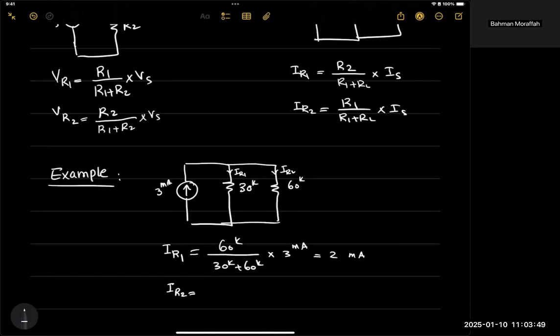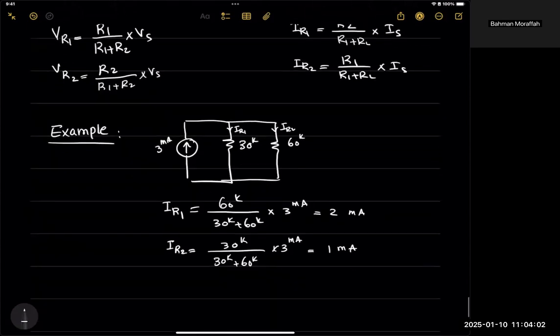And I through R2 depends on the value of the other resistance divided by the whole thing times the value of the source, which is 1 milliamp. And it should intuitively be obvious to us, because if the value of the resistance is more, we're expecting less current going through it. And that's exactly what this formula is telling us, right?